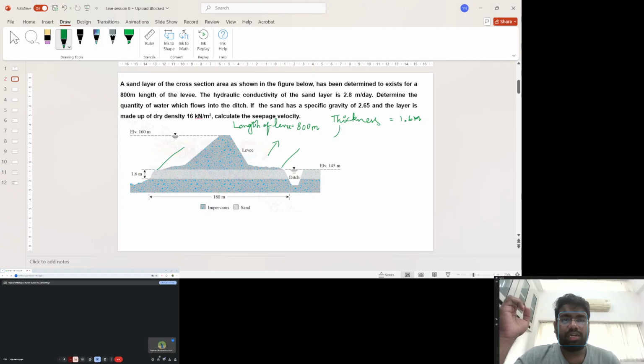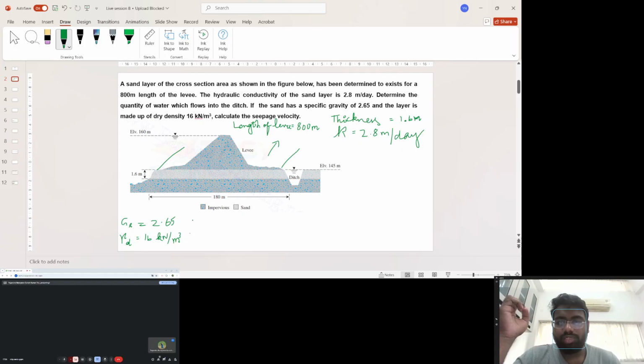Now the hydraulic conductivity K is 2.8 meter per day. The properties of the sand layer are given: Gs is 2.65 and gamma d is 16 kilonewton per meter cube.